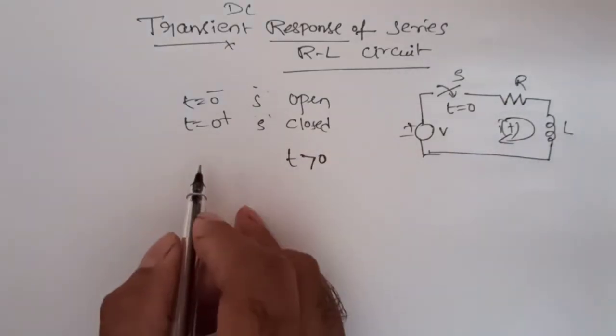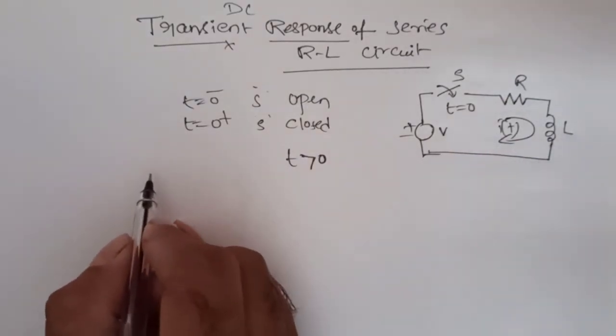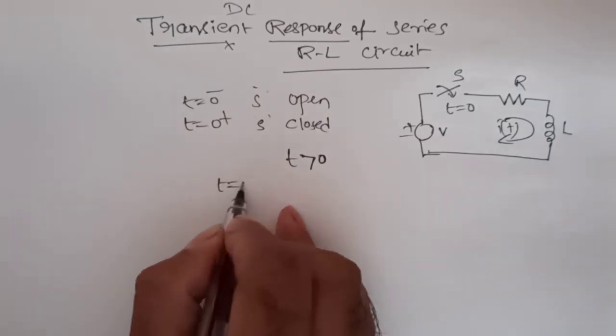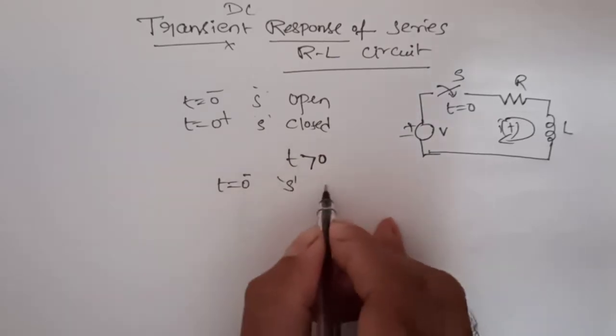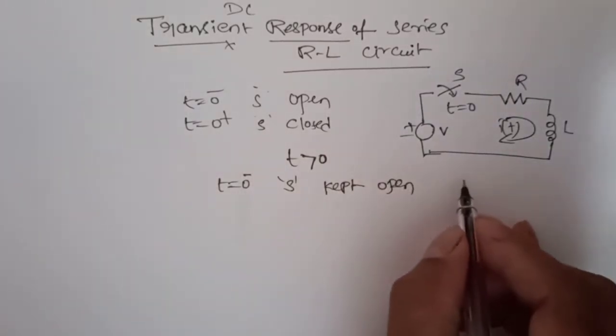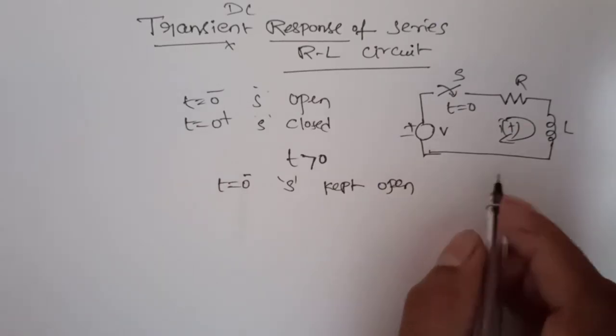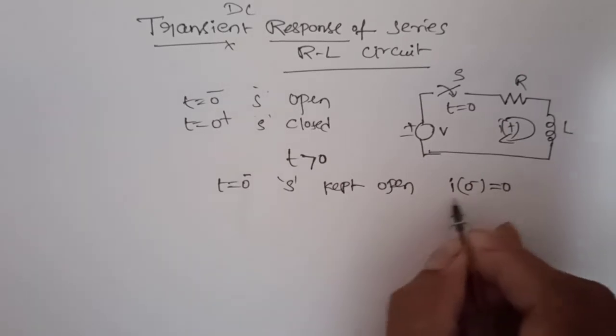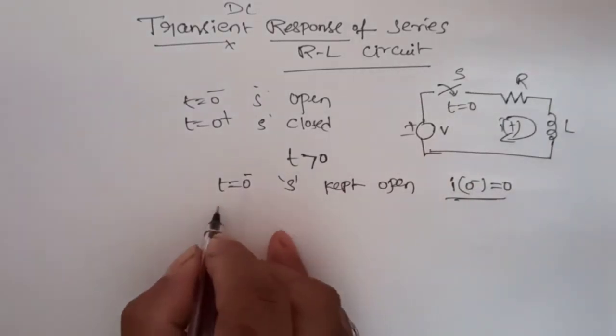So at t equal to 0 minus switch S is kept open. That's why we know that the initial behavior of the inductor is i of 0 minus is equal to 0. This is one of the important criteria.